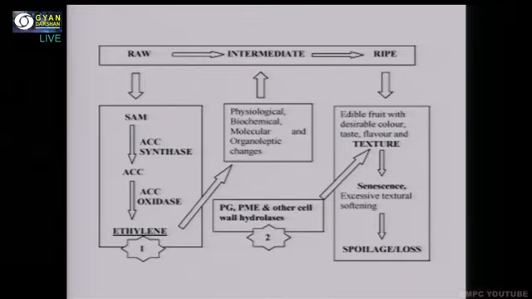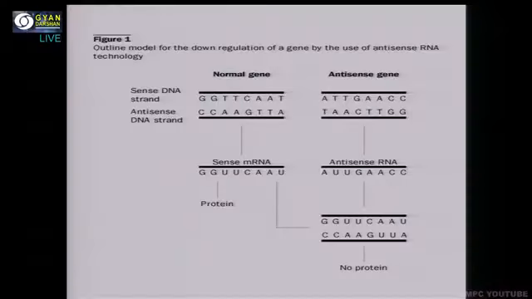So if you want to delay the fruit ripening process, because you want to increase the shelf life of the fruit so that the fruit does not get rotten easily, what will you do? You will try to stop or retard the ethylene production. So you will try to reduce the expression of ACC synthase or ACC oxidase, and people have actually done that through one technology, which has been shown here as the antisense RNA technology.